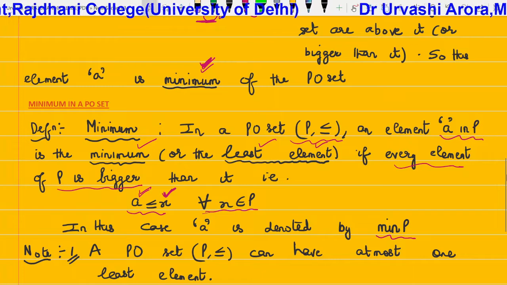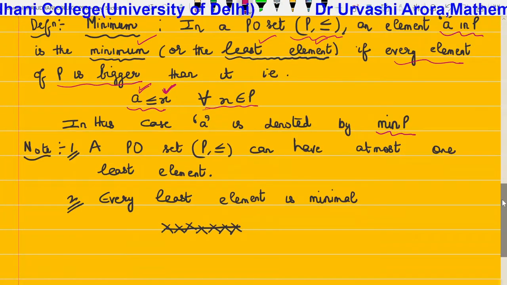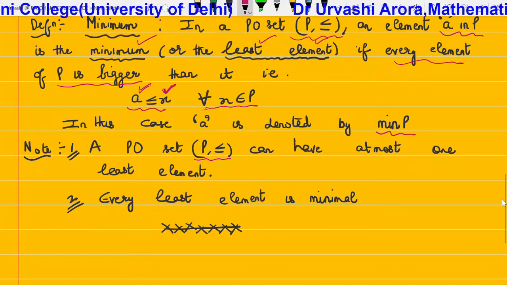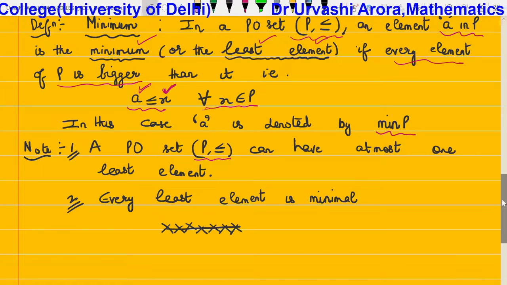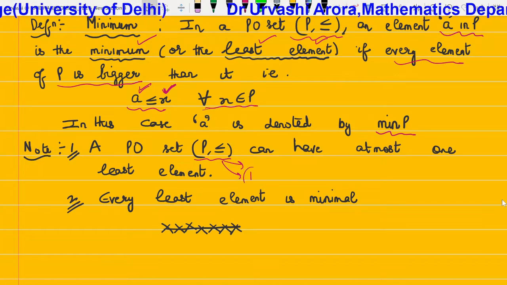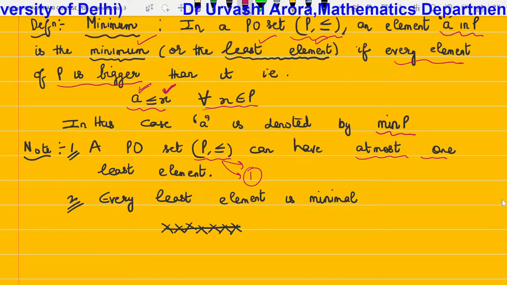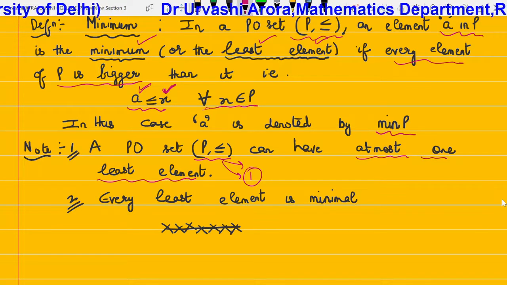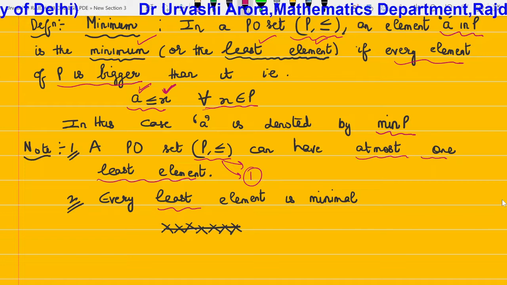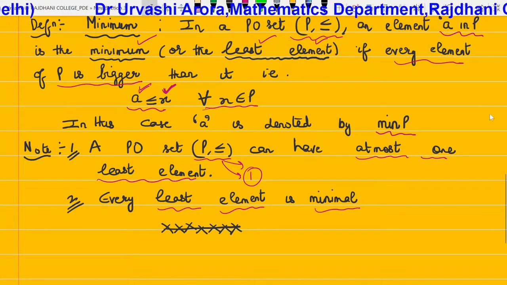And as a few notes, the first note is that a PO set cannot have more than one minimum. A PO set P will either have no minimum or it will have maximum one minimum. So a PO set P can have at most one least element or at most one minimum, and also the least element or the minimum is always minimal.